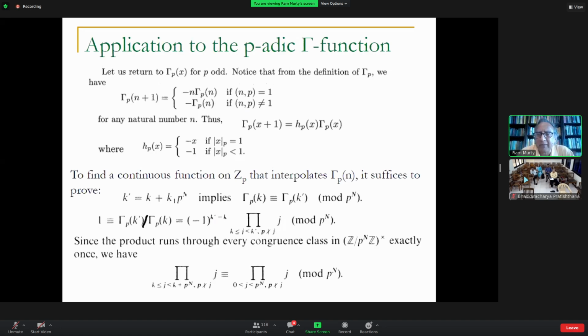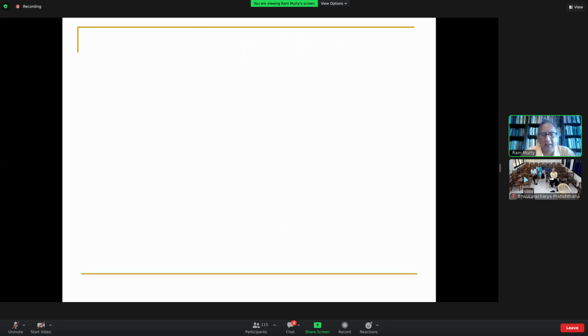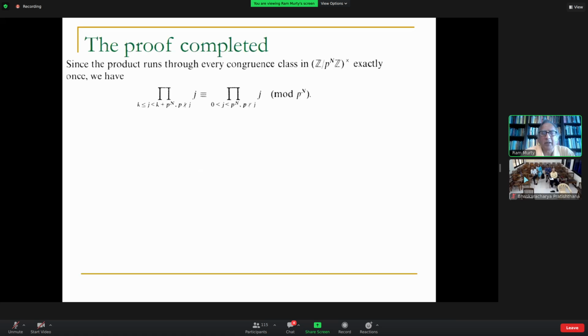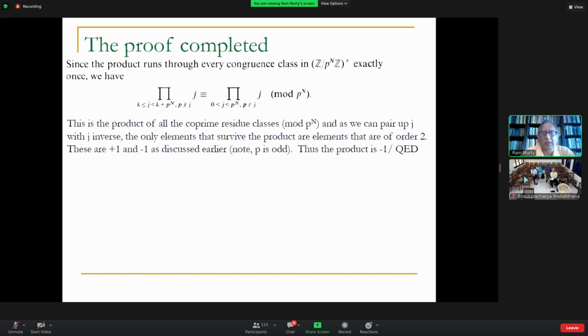See, what is actually Wilson's theorem? Wilson's theorem generalized says that in any abelian group, the product of all the elements is equal to the product of the elements x such that x squared is 1. So we have to just check which elements are congruent to 1 when squared mod p.